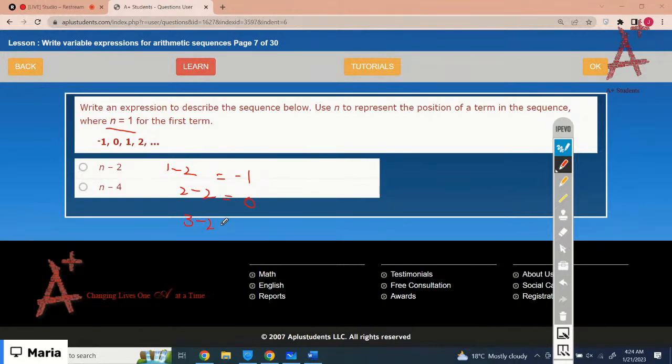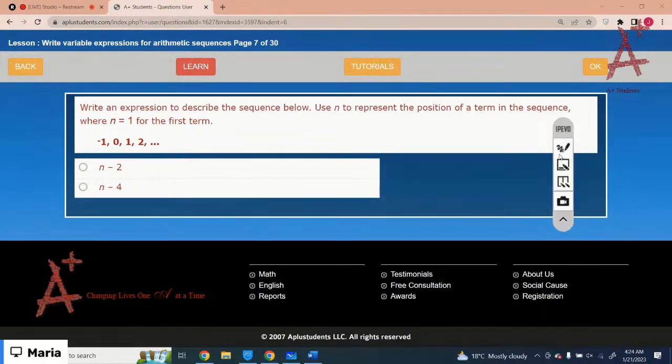When n equals 3, 3 minus 2 is 1. And when n equals 4, 4 minus 2 is 2. So that means option number 1 is the correct option. The expression is n minus 2. So just select the correct option, which is option number 1.